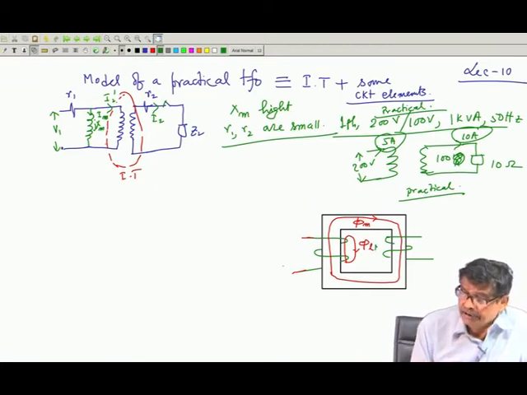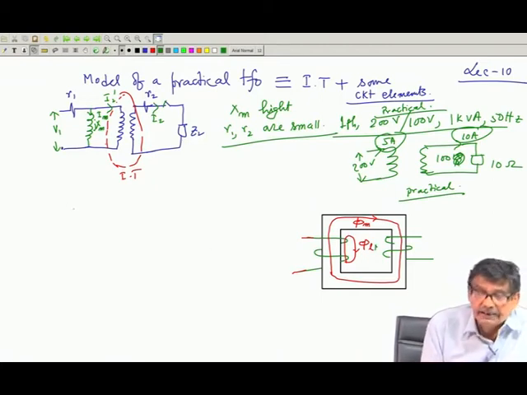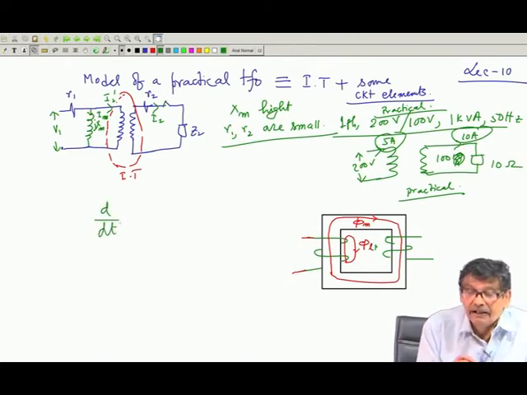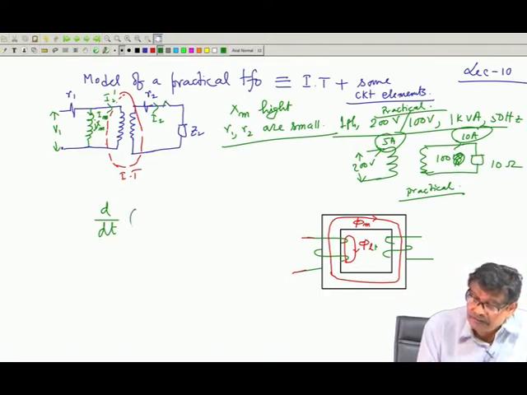Therefore, the induced voltage in the coil of the transformer will be d/dt of (φm plus φL1) times N1, say.